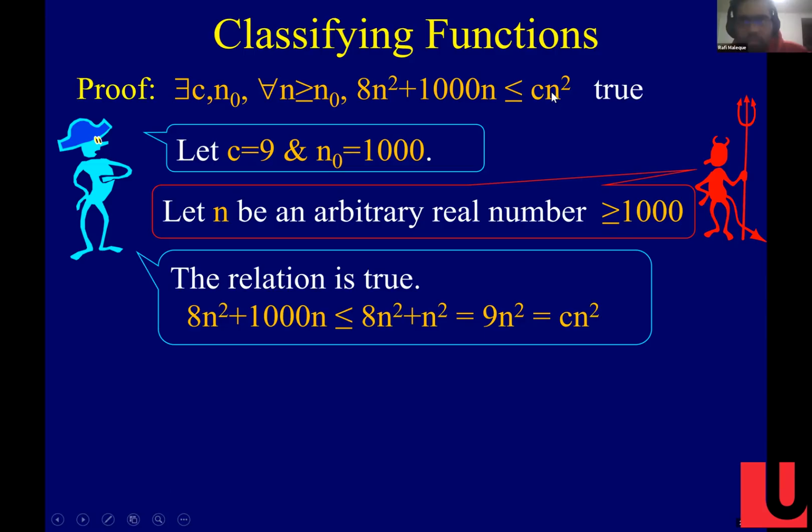I'm not claiming my running time is good for really small inputs, because I have to do some initial setup. I'm saying for all sufficiently large n, it runs in order n squared. That means there's some constant such that the running time of my program is bounded by c times n squared.